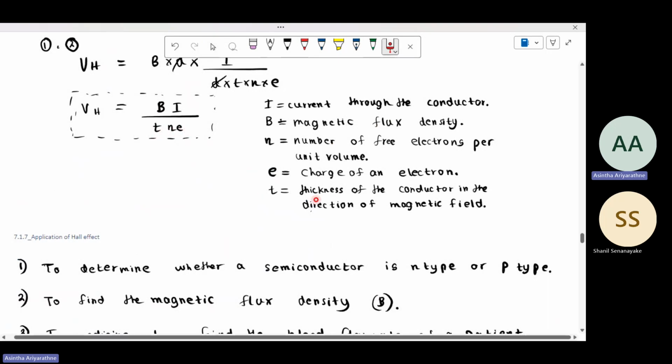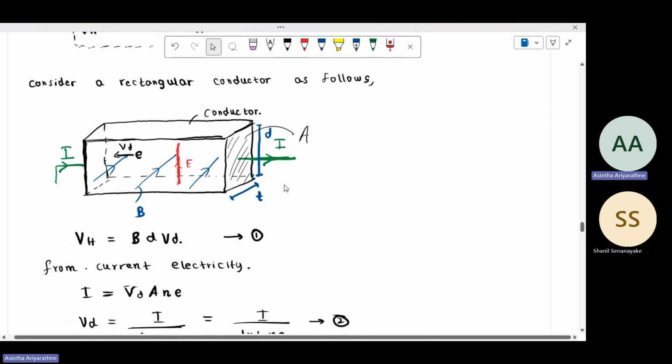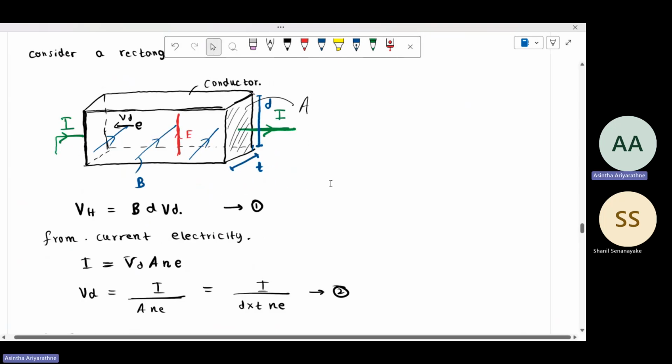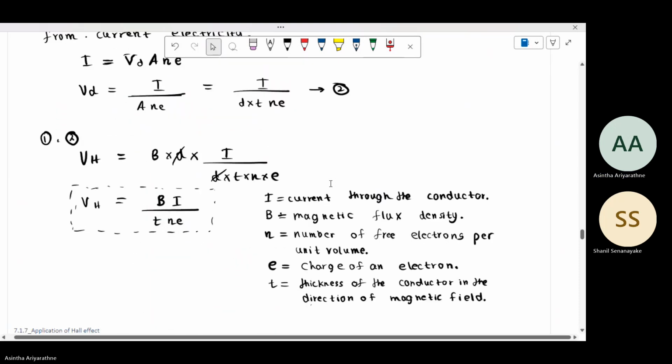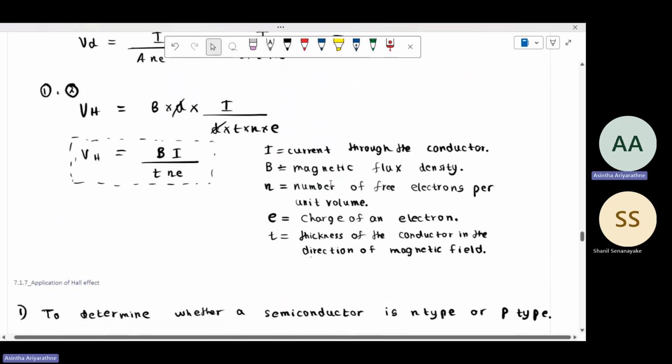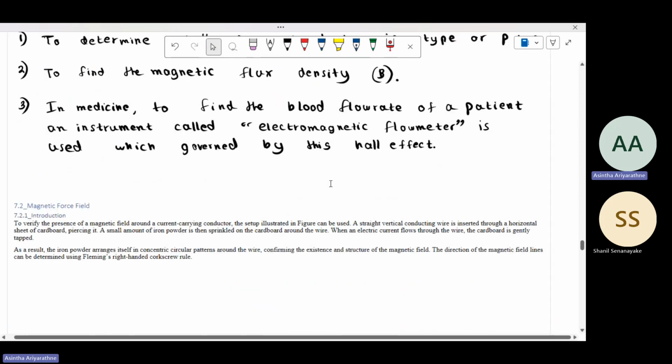Here t is the thickness in the direction of the magnetic field, while d was the thickness in the direction of the electric field. n is the number of free electrons per unit volume, and e is the charge of an electron.